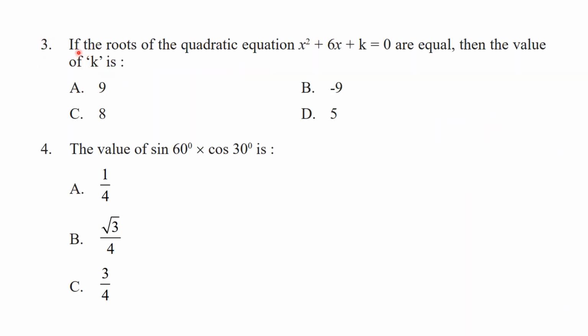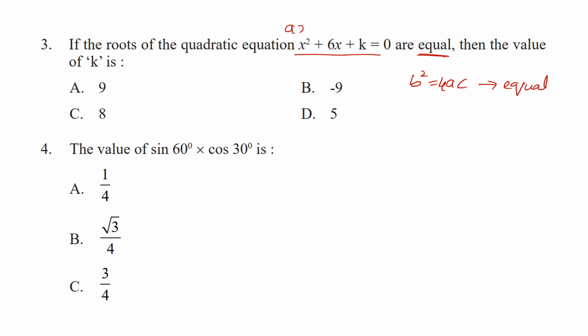Okay, next, third question. If the roots of the quadratic equation x square plus 6x plus k is equal to 0 are equal, then what is the value of k? What is the nature of the roots they have given? b square is equal to 4ac. This is the condition for equal roots, correct? You need to find the value of k.